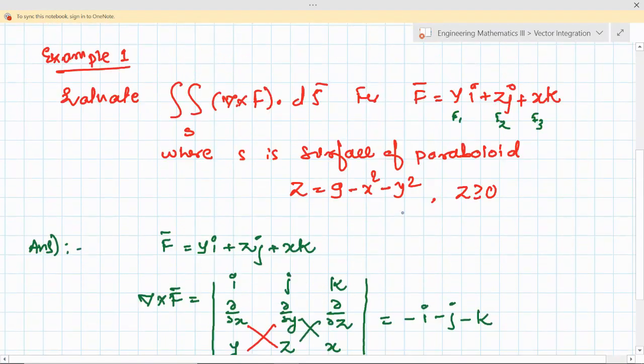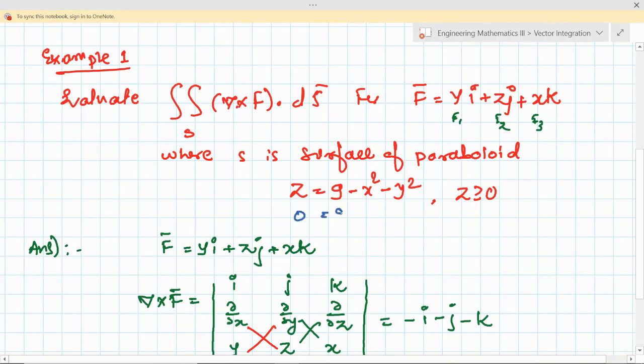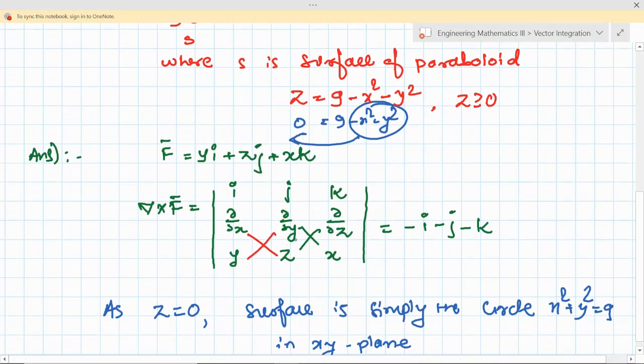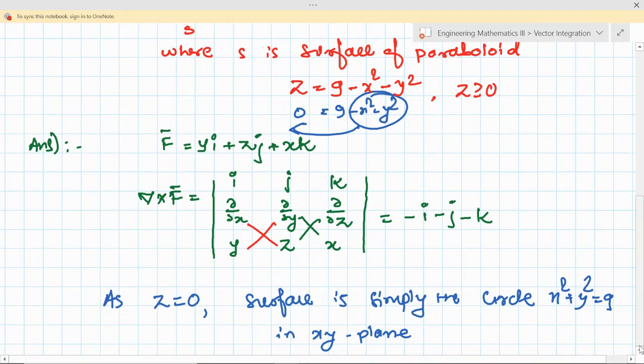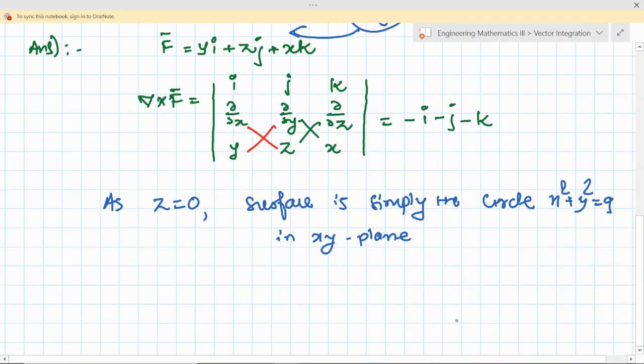Because if you put z is equal to 0, this is 9 minus x square minus y square, so both terms come to this side and become plus. So x square plus y square is equal to 9. That's why I have written this circle. As z is 0, our surface is the surface of the circle, a standard circle in the xy plane.